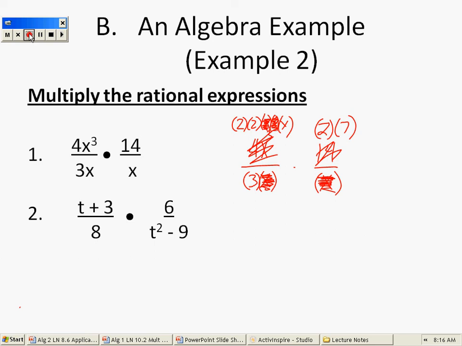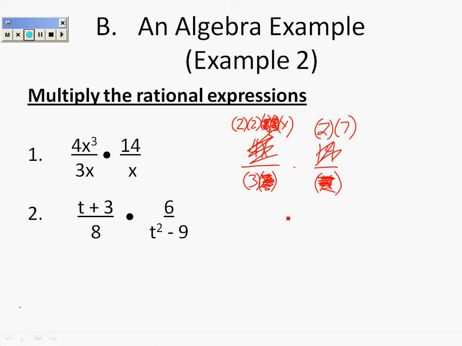On the top, I've got 2 times 2, which is 4, times another 2, which is 8, times 7, which is 56. So I've got 56 on the top. And there's also what else on the top that I kind of skipped over? An x. So it's 56x over 3.